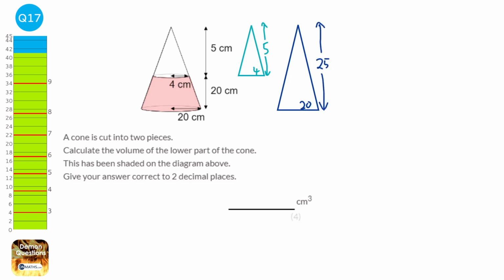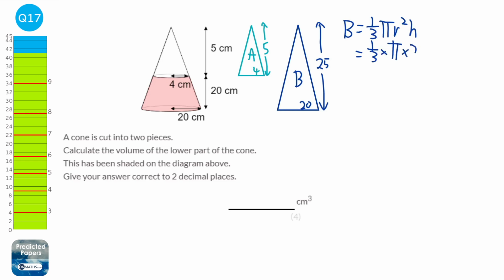I'm just going to label them A and B. And so why don't we work out the volume for B first? And the formula for the volume of a cone is 1/3 pi r squared h, with h being the perpendicular height. So it's 1/3 times pi times 20 squared times 25, which is going to be 10,471.975 and so on.